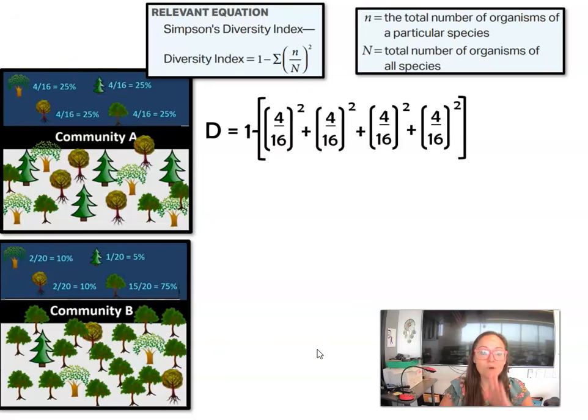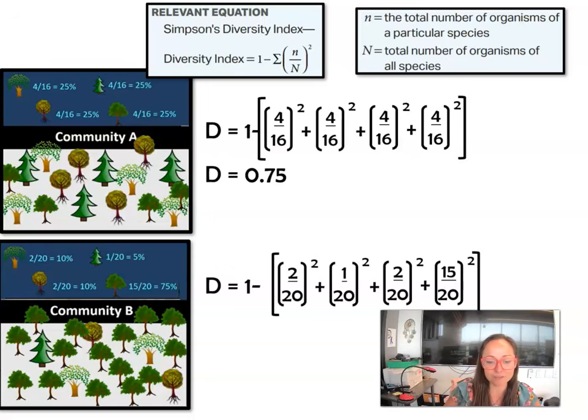The formula is 1 minus the sum, over all the different species, of n, the number of organisms of a particular species, divided by the total N, squared. Here I have 4 species, so I have 4 values I'm going to end up adding together. When I calculate this all out, my diversity index is 0.75.